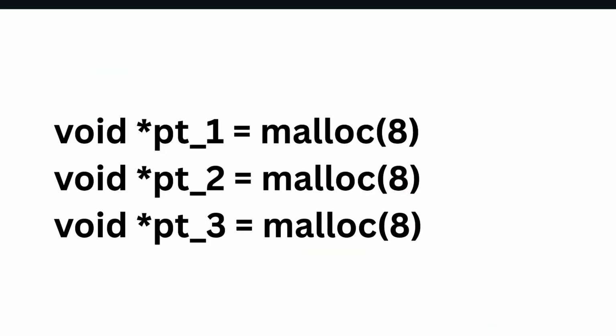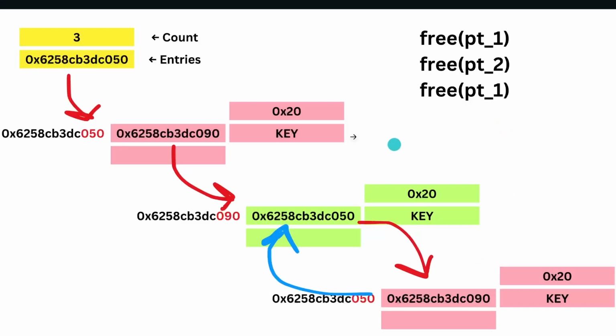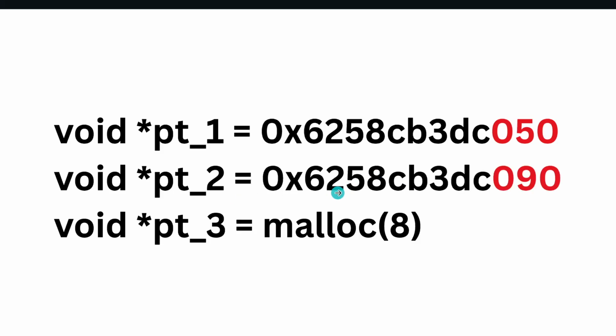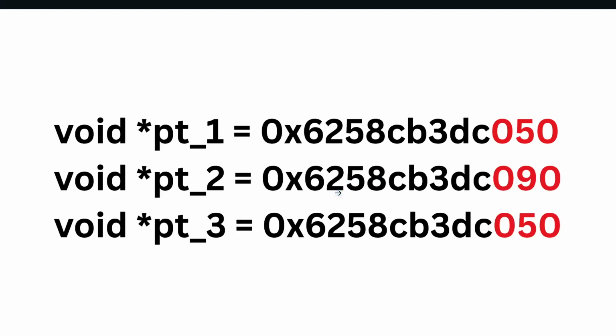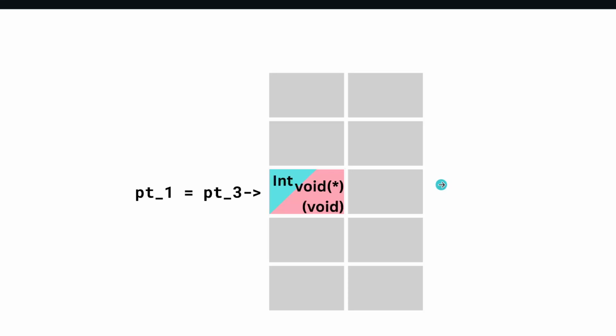Okay, so what if I go, well, 0.1 equals malloc? Well, I'm going to get my first address from the list, 050. The second one is going to be 090. And my third one is going to be 050 again. Which means pointer 1 could be pointing to an integer, pointer 3 could be pointing to a function pointer, but they're both the same address. So if I could write to an integer, maybe by doing that, I could change a function pointer.